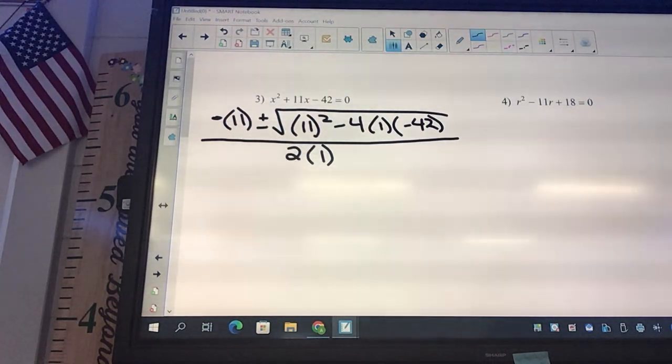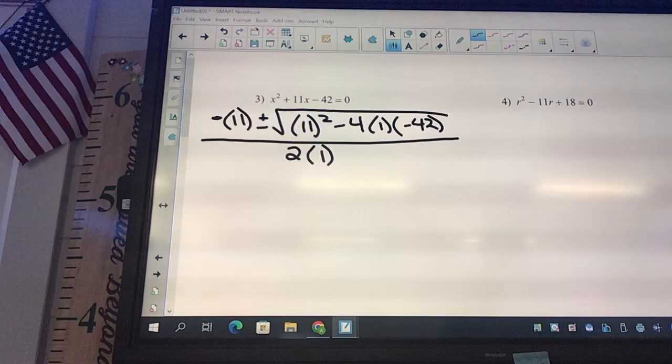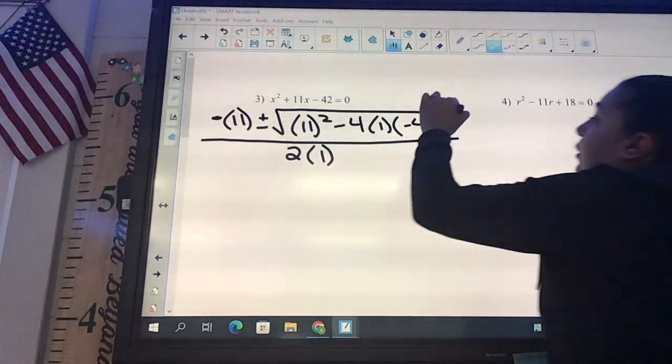Okay, on your calculator, you're going to type in everything that's underneath the square root. Okay, so all of this.